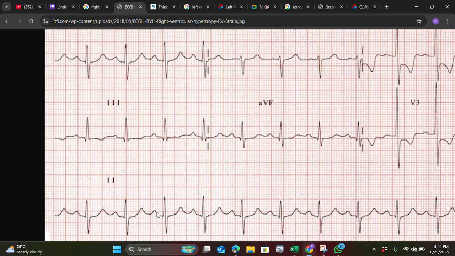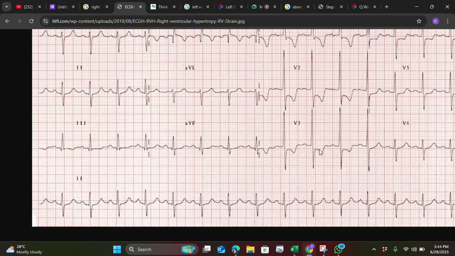So that's another confirmation that your patient is likely to have right ventricular hypertrophy. So I said right axis deviation, right atrial enlargement from the P wave, the R wave more than 7, and we have seen that it's actually 12.